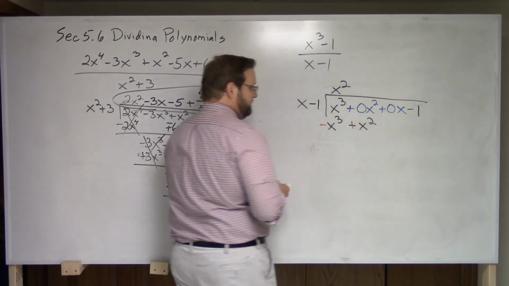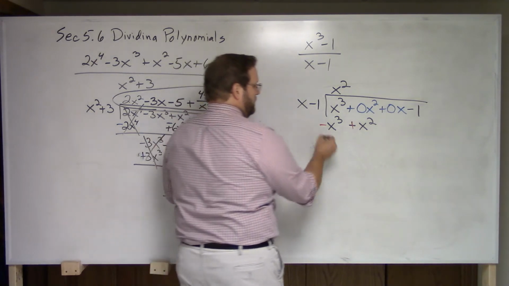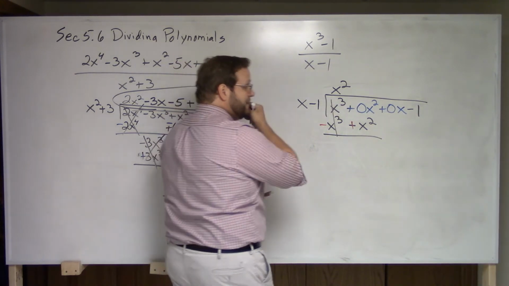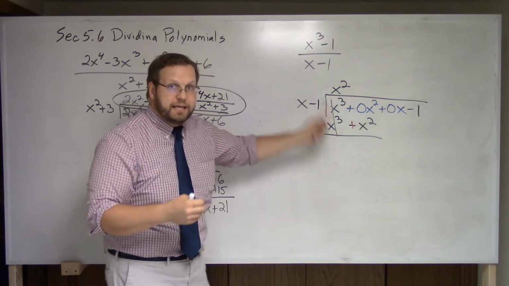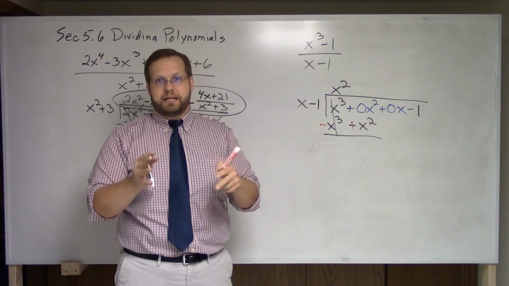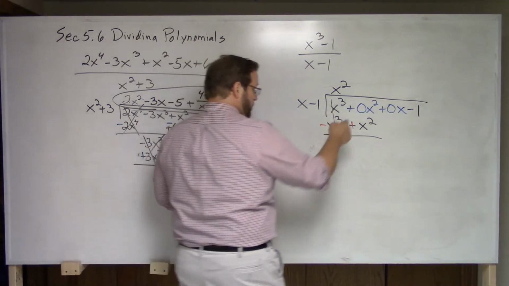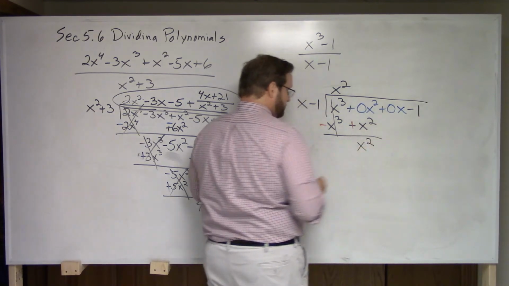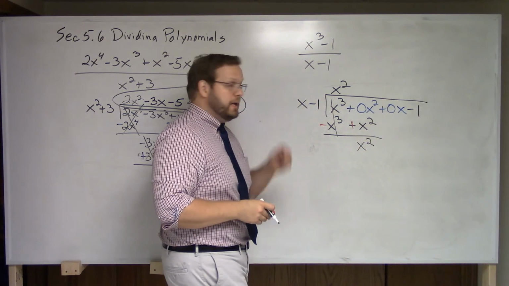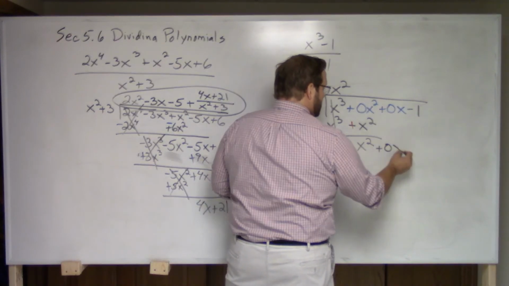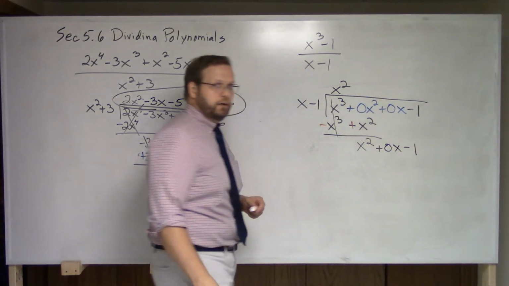Change the sign. Those then go away. And again, every single one of these, they cancel, they cancel, they cancel, because we make them match, and then we change the sign, making them opposites. So, nothing plus x squared is x squared. And then I carry down at least the next term, but again, it's not a bad idea to carry the whole thing down.